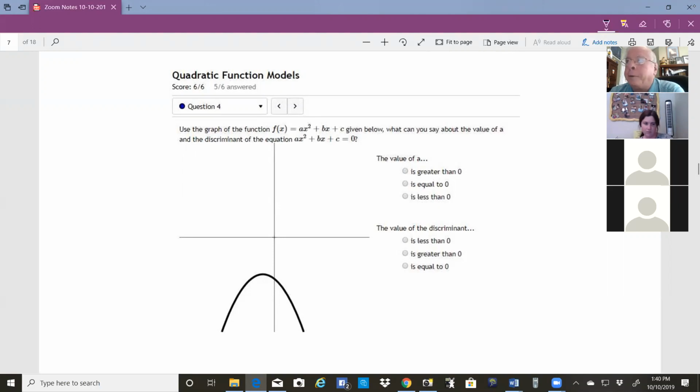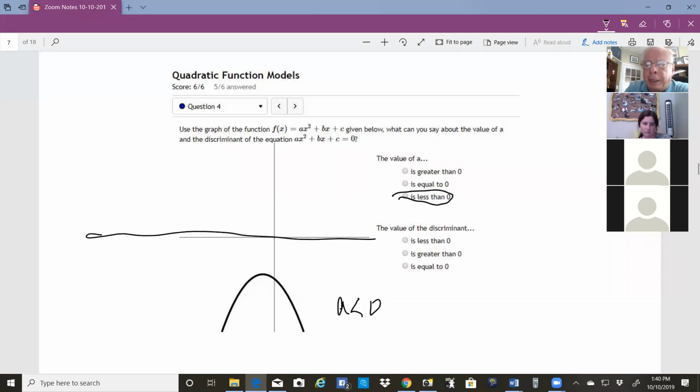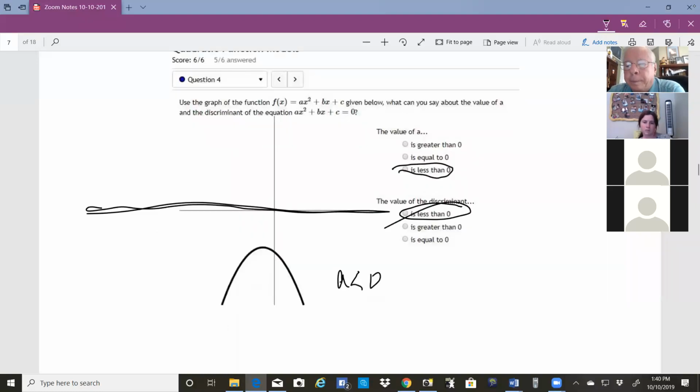It opens down, right? So a is less than 0. Now, is it going through the x-axis? It's not touching the x-axis at all. That means the discriminant is less than 0. Okay.